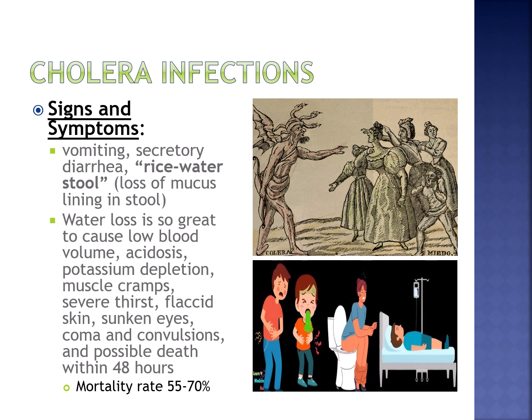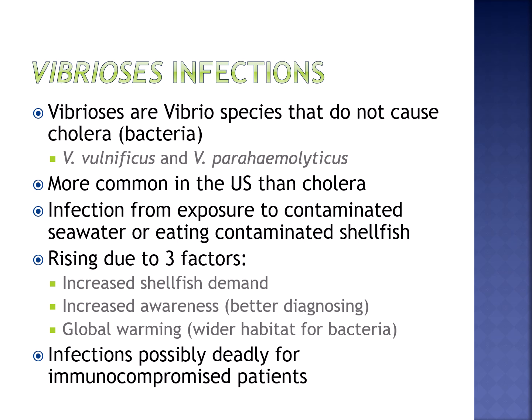There we go. Next up is a vibriosis infection. So vibriosis, or Vibrio species, do not cause cholera. It's a different species of bacteria. This is more common in the US than cholera is, because we don't usually have that contaminated water.